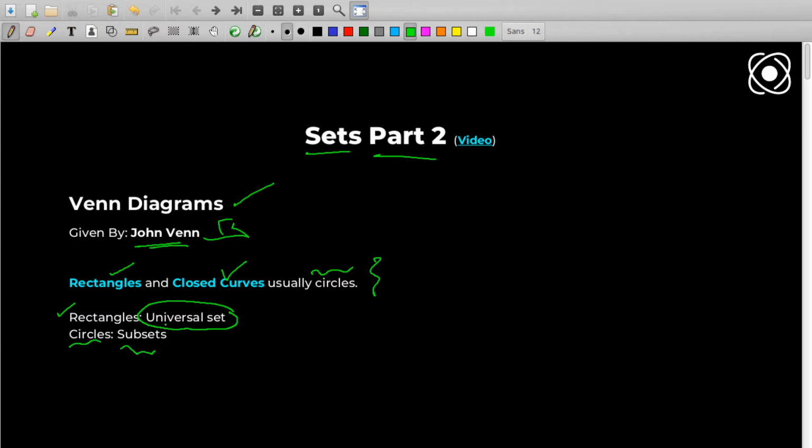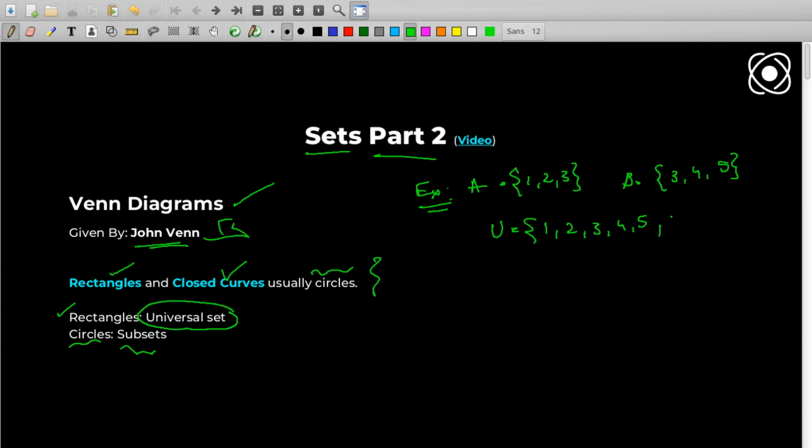This is a bit confusing, so let's see it with an example. Then it will be clear. Now let's take two sets, namely A and B. Let's say A has 1, 2, 3 and B has 3, 4, 5. Now, as we know, the universal set will have 1, 2, 3, 4, 5.